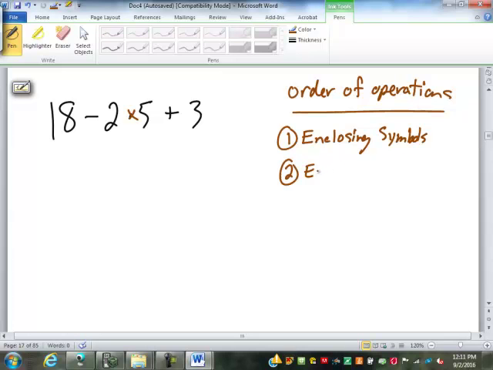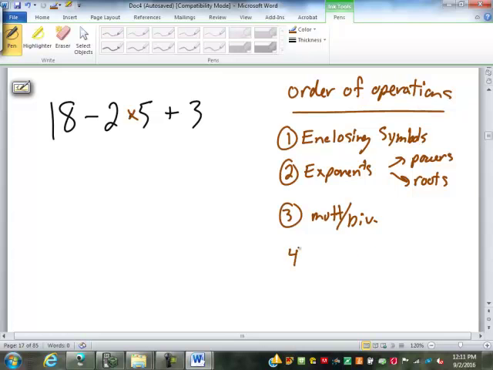Second is our exponents. We haven't really talked about them yet, but exponents include powers and roots. Third, multiplication and division. And fourth and finally, addition and subtraction.